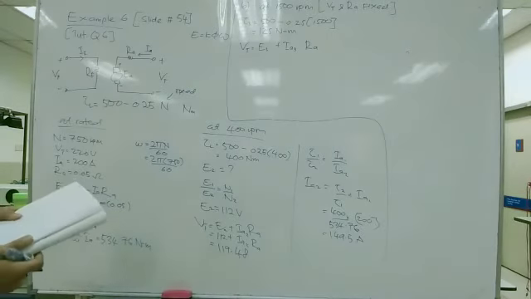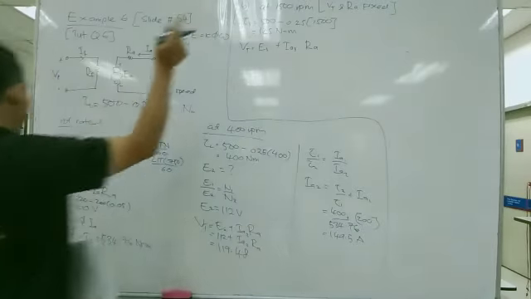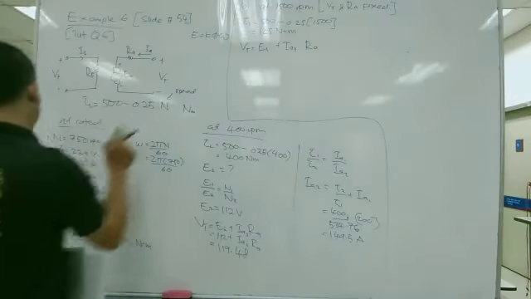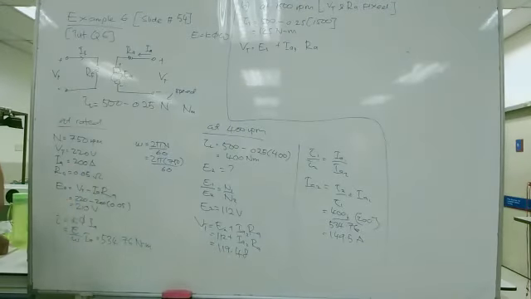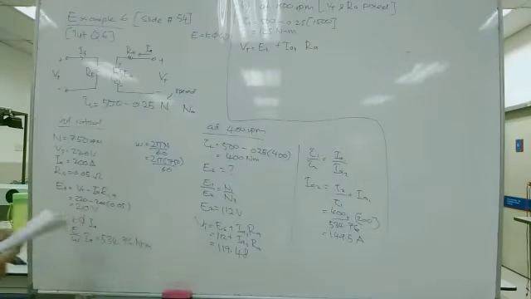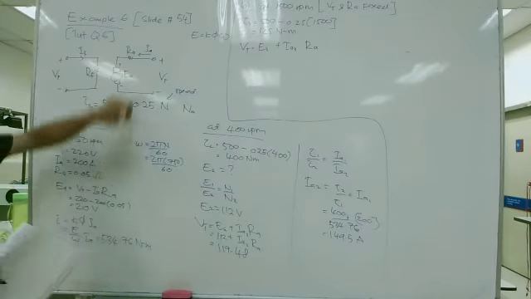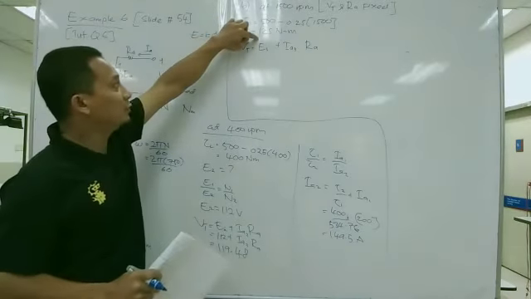Okay, now why is IA3 changed? We cannot take it as the rated current because the torque is changed. The torque rated is 534.76 and the torque 3 is 125 Newton meter.